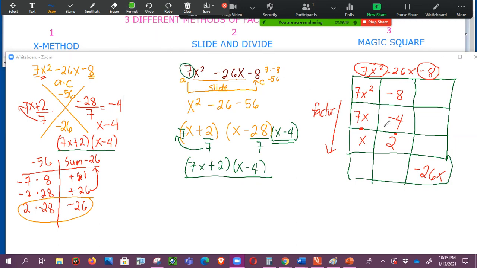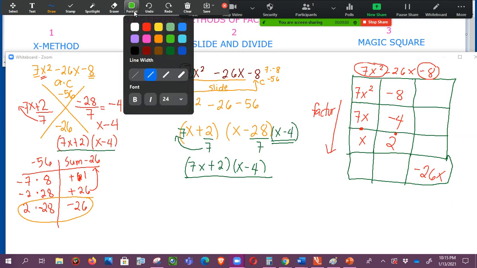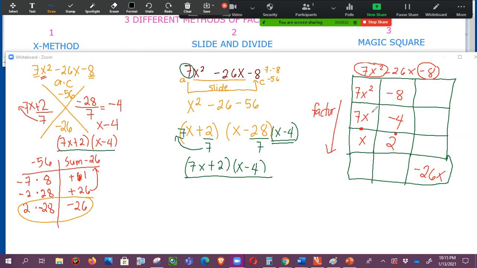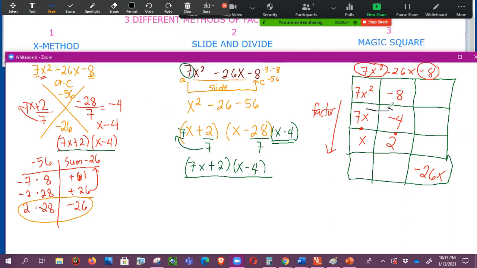So I'll change my color so you will see the difference. Now, going across, you need to multiply. So 7 times negative 4 is negative 28x, while x times 2 is equal to positive 2x.